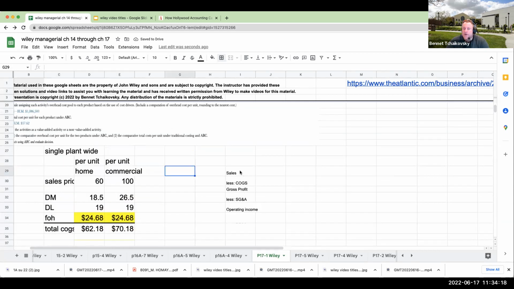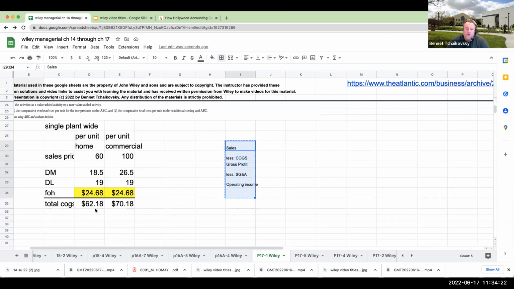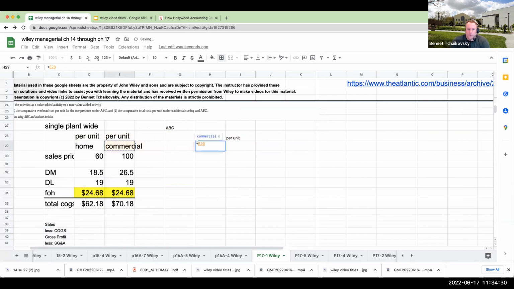And now we're going to be doing this under activity-based costing as well. So my per unit, home and commercial, the sales price that I made up is not changing. The direct material and the direct labor are not changing.